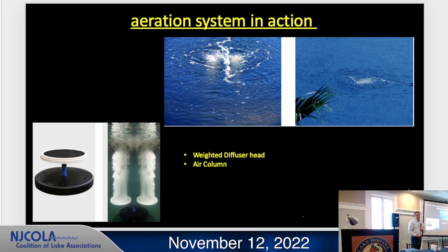How close? Again, how much muck do you have on the bottom? If that diffuser head is settling down into the muck, then I would say raise it up. There's not a criteria, not a number, not an industry standard that says you want to be 6 inches above the muck, because everybody's material is a little bit different.